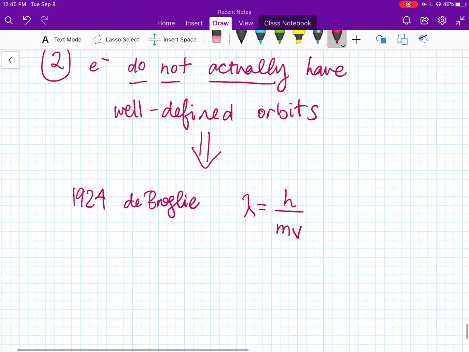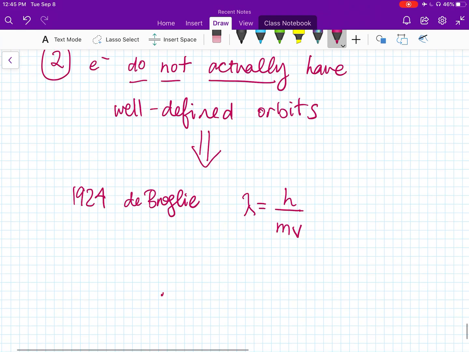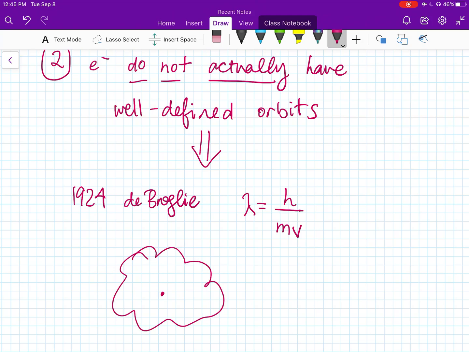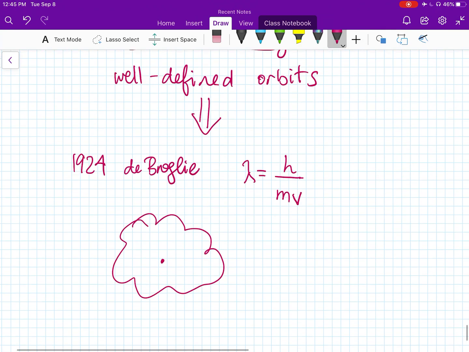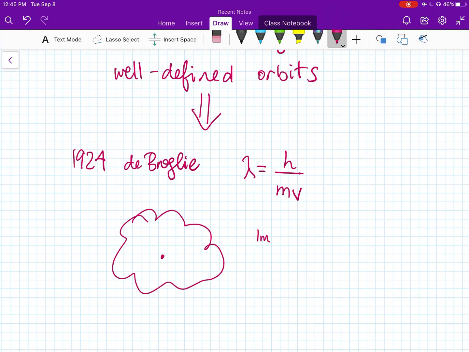That means that we can really think about electrons in these cloud-like regions around the nucleus rather than in well-defined orbitals. Okay, so I want you to imagine electrons in clouds somewhere around the nucleus.